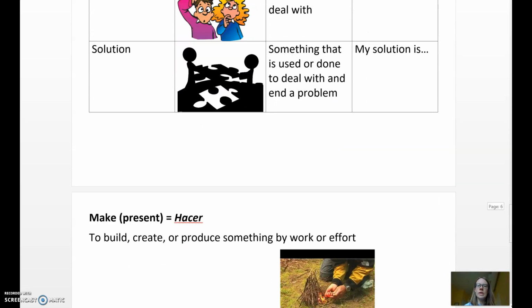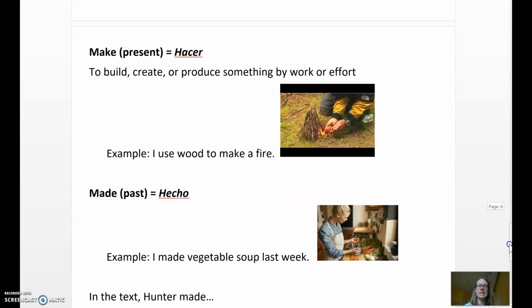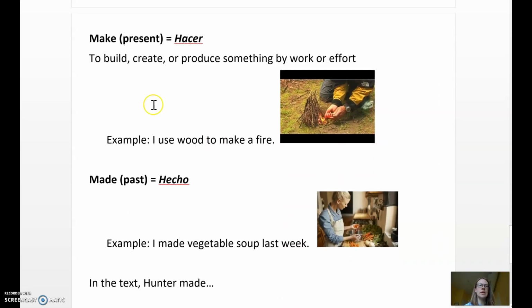A word that we learned with the last text is make. The verb make. Make is in the present tense. It's happening right now. Make means to build, create, or produce something by work or effort.